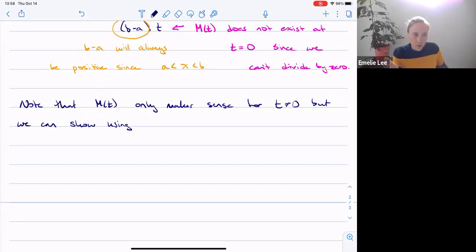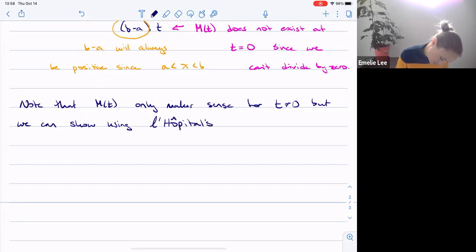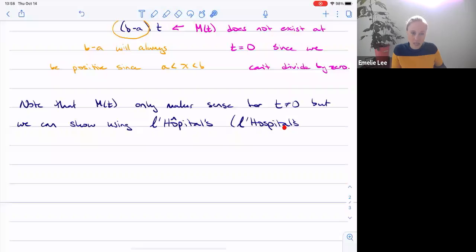Then we can use L'Hopital's rule, or sometimes we write L'Hôpital's, with the S or with the little accent. I can't remember what this accent is called, but they're the same.